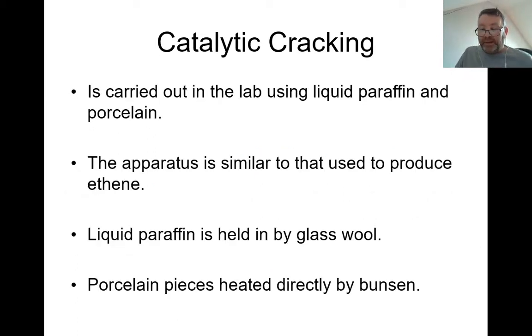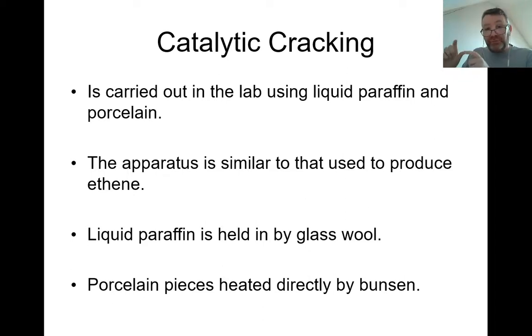Okay, it's carried out in the lab using paraffin and porcelain. Now again, this is something we can't do this year, but we will do as soon as we get back in September, and I'll show you how it works. But you'll be able to then test for saturated and unsaturated hydrocarbons. And I hope you remember the test. When we give you paraffin and we then crack it and we collect the gases, we will add in one of two things, either bromine water, which is yellow, or acidified potassium permanganate, which is purple.